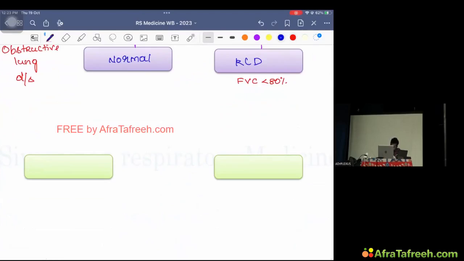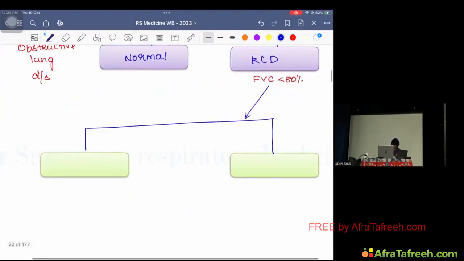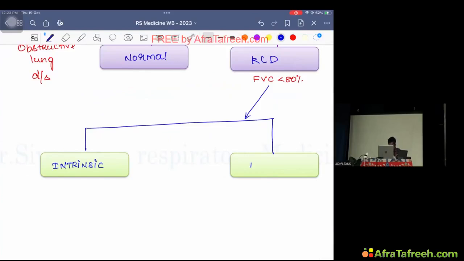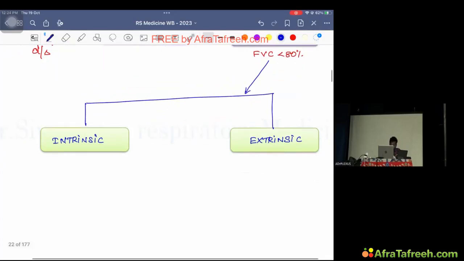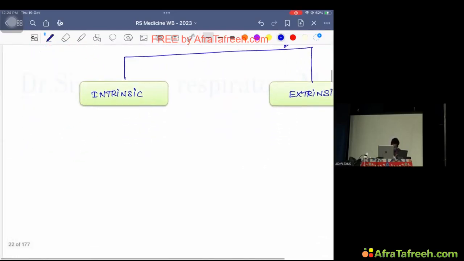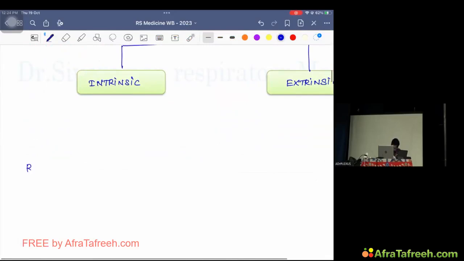Then you have to see whether it is an intrinsic restrictive lung disease or extrinsic restrictive lung disease. Here we have to consider residual volume.